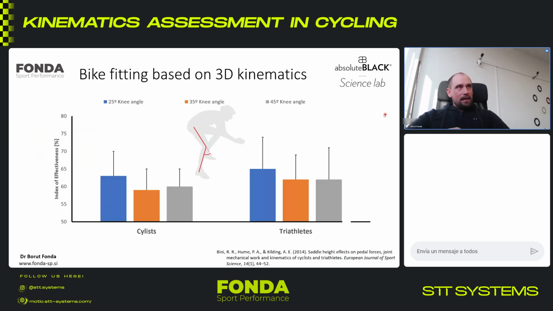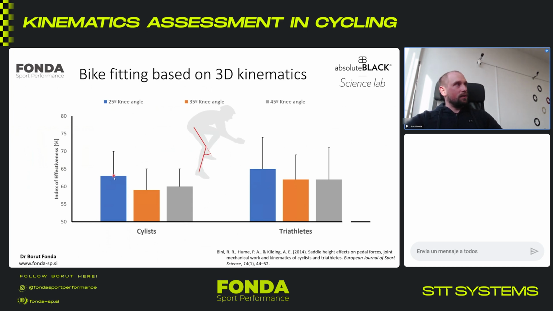So a little bit of an overview of research, how different saddle height and what the readings on the knee angle reflect performance. In this case, Bini has done some of the research in Australia, looking at different knee angles and then measuring index of effectiveness. So basically how effective your pedaling stroke is.